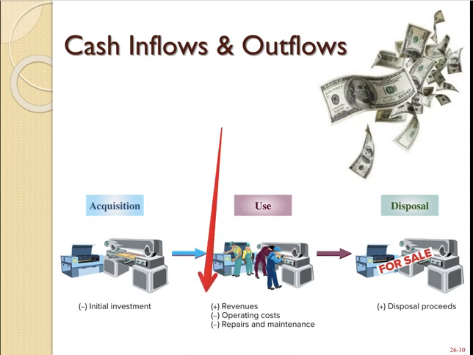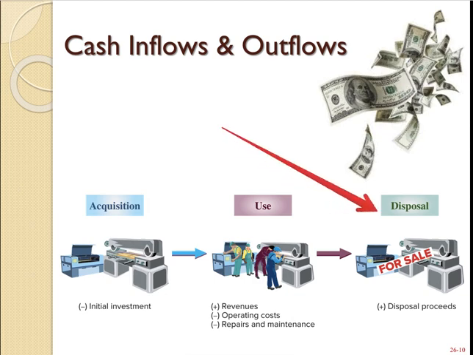But of course, there's the cost of using this machinery. You're going to have the electricity and the labor costs of the people operating the machine and also repairs and maintenance and things like that. So you have the inflows from the revenues and also the outflows from the operating costs just to run the machines, as well as the repairs and maintenance on the machines.